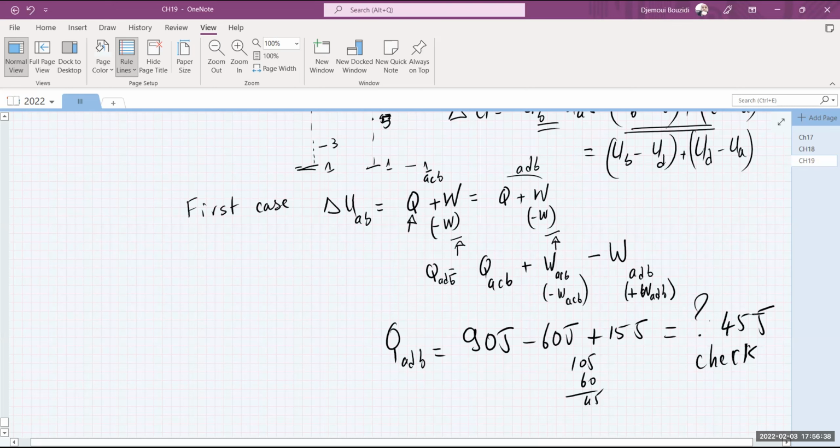It's a positive number, so it's added. See the advantage of using this convention? When you see a positive, you see added. When you see negative, you see subtracted. End of the story, whether W or Q. But for the book, you have to flip it for W. If you see a positive, you say going to be removed. If you see a negative, you're going to say added. So it's backward for the book. But if you stick to the convention that we're doing for both W and Q, you're safe.